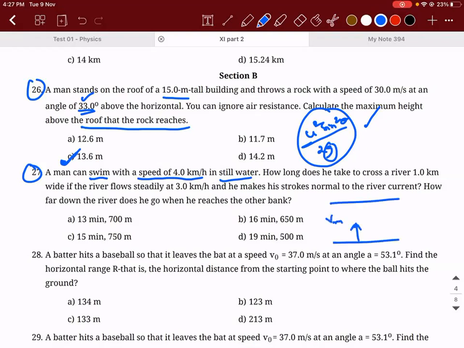So the velocity of the man in still water is 4 km per hour. What is the width of the river? It is 1 kilometer.